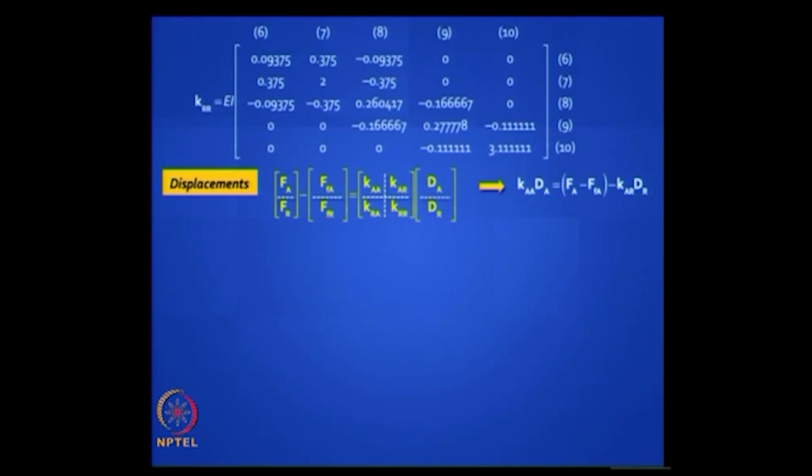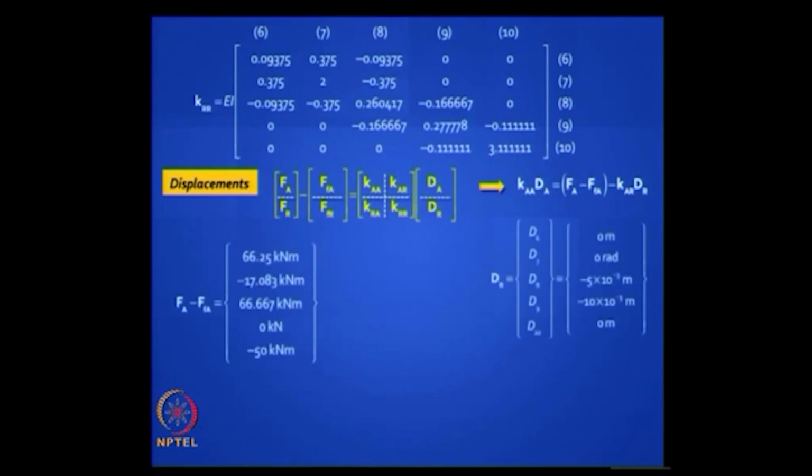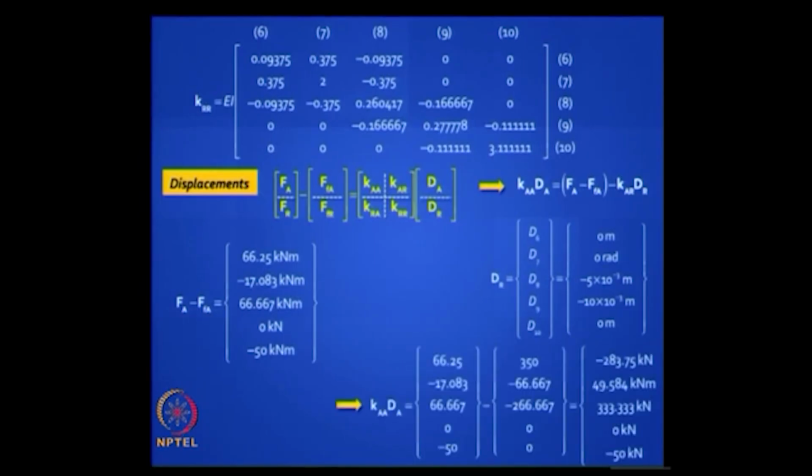If you look at the first equation, FA minus FFA is equal to KAA into DA plus KAR into DR. It is convenient whenever you have DR to separate out KAA DA separately, plug in the values of FA minus FFA which we have already computed, and DR which we got at the input stage, support settlements, and then solve for DA.